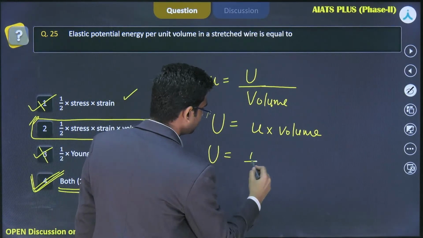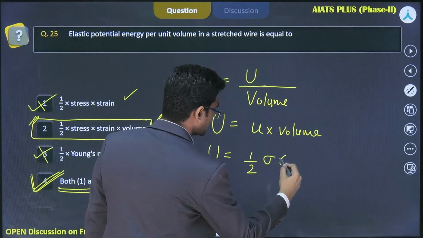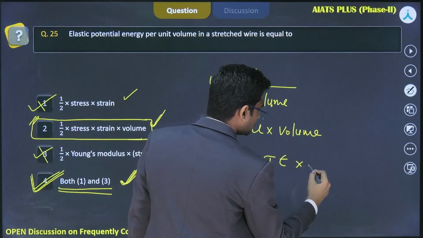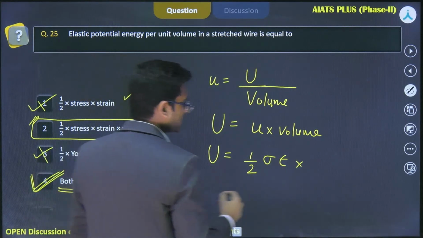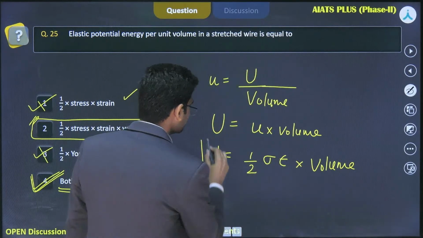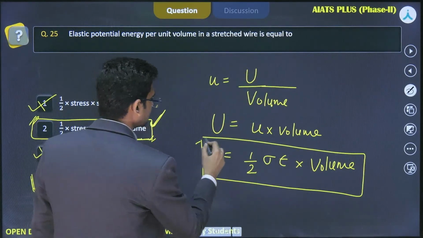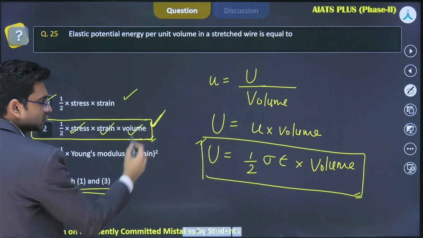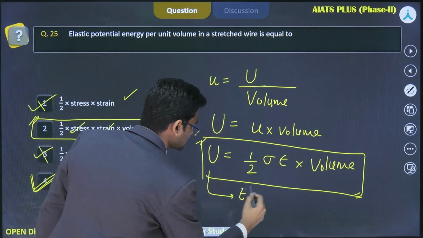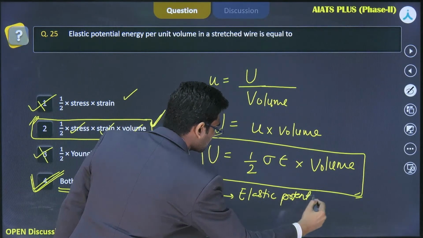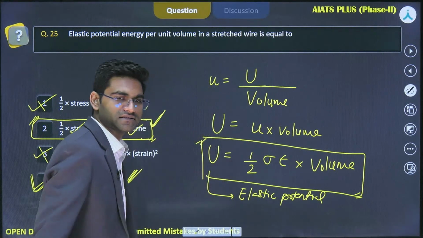That is half sigma epsilon. And volume I am writing here as volume. So U equals half sigma epsilon into volume. This is actually elastic potential energy, not per unit volume, this is the total elastic potential energy.